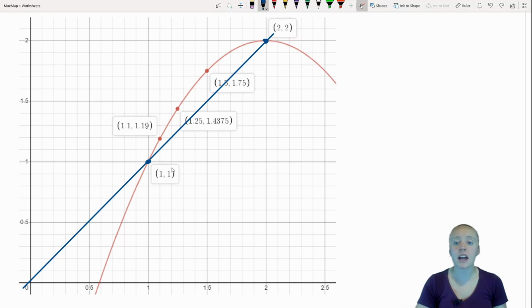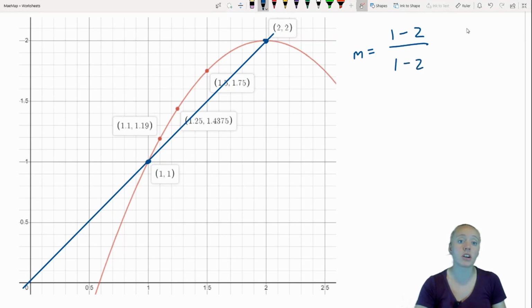Let's go ahead and use the point (1, 1) as our starting value. So my slope m is my y value of 1 minus my other y value of 2, and the x's happen to have those same exact values. I have an x value of 1 minus an x value of 2.